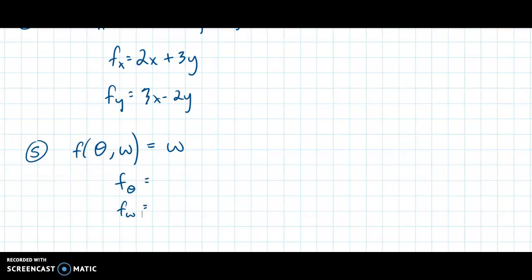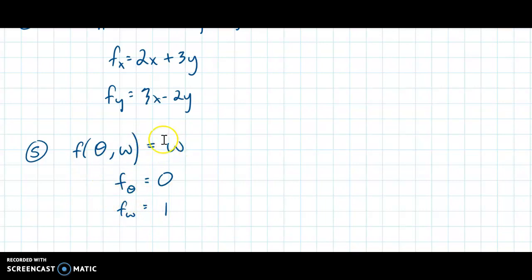Okay, here come your answers. One may seem silly based on what I've asked you to do, but there are no thetas in this. So the derivative with respect to theta is just 0. Change theta, this thing doesn't change, so the derivative is 0. F sub omega, the partial omega, is the derivative of this with respect to omega.